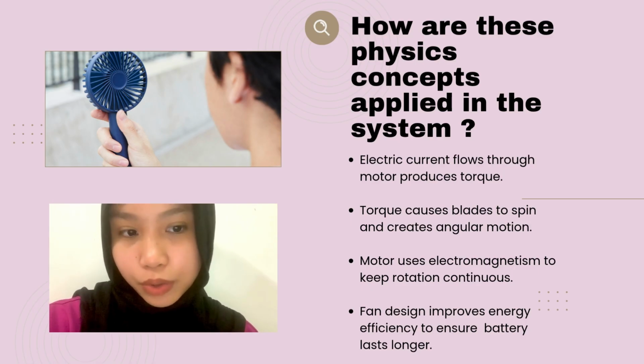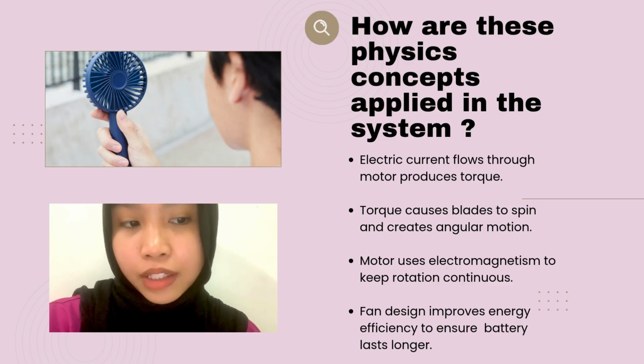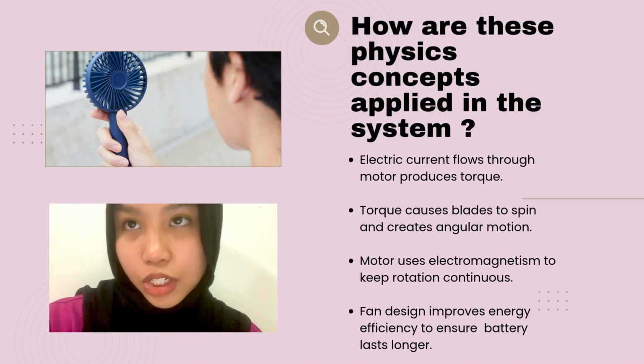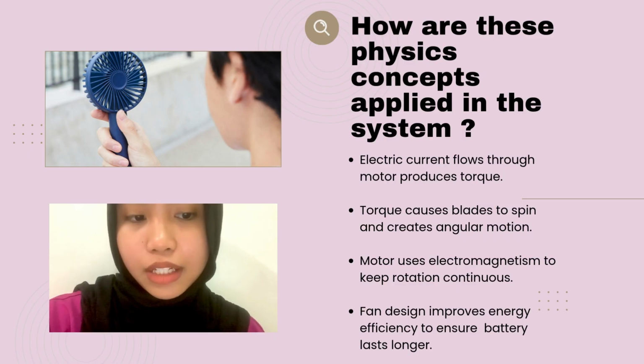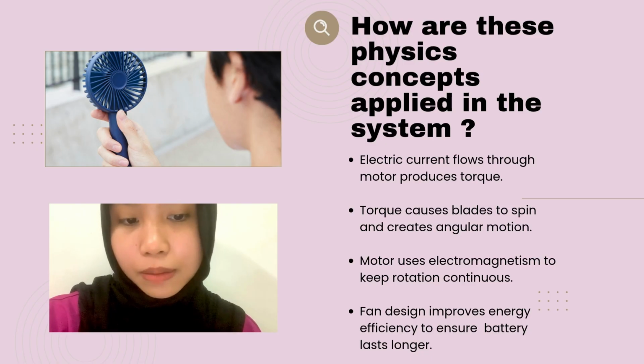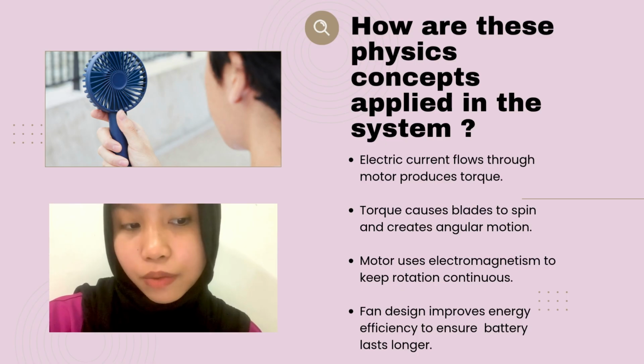As the blades rotate, they transfer momentum to the surrounding air particles, pushing air forward and creating airflow. In addition, the aerodynamic design of the blades helps to improve airflow efficiency by reducing air resistance. Finally, the system is designed to be energy efficient, where energy loss such as heat is minimized, allowing more energy to be used for rotation.